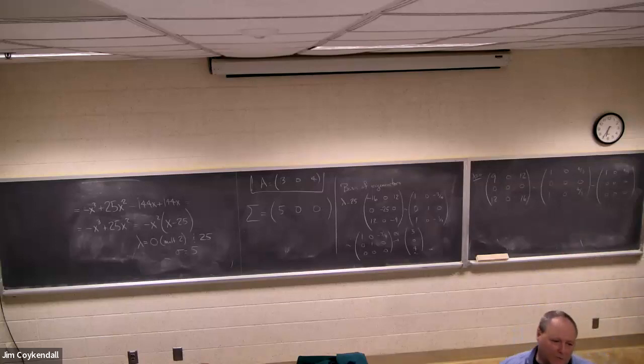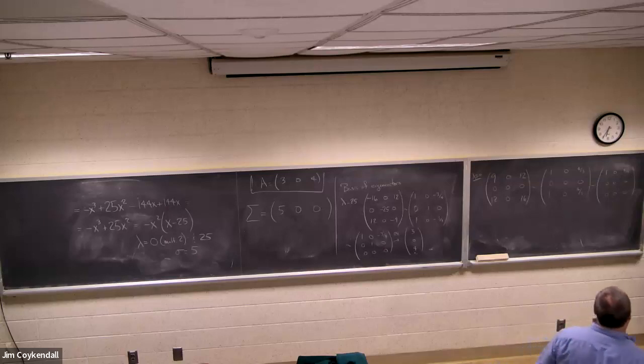Now notice this time I've got two free variables, which is what I expected to happen, right? I need two linearly independent eigenvectors here.